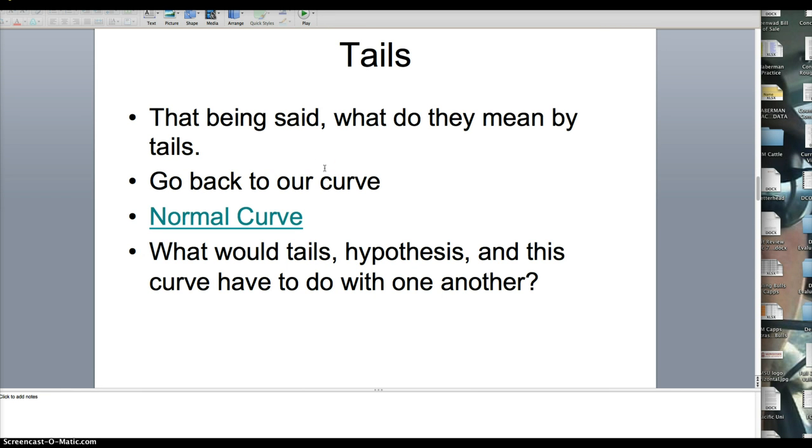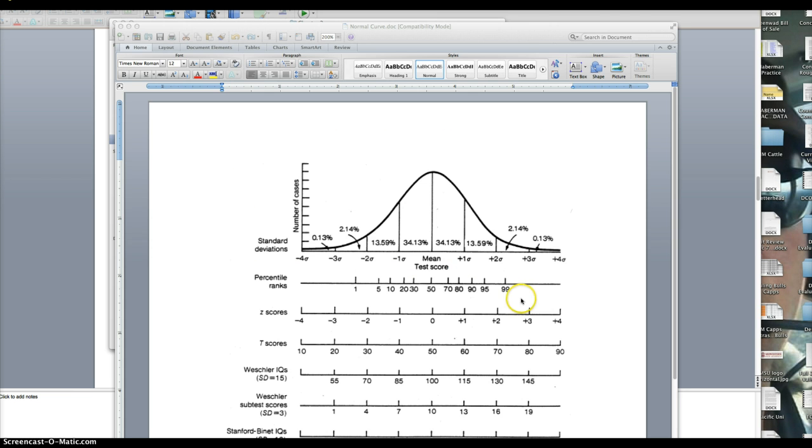You will also come across something called tails, a one-tailed test or a two-tailed test. And what they're talking about is, if you go back to the paper with the one that looks like this, if we say it is a one-tailed test, this is the tail that they're talking about. For example, if I say that GRE scores of men are higher than the GRE scores of women, well, now I'm only dealing with one half of this.